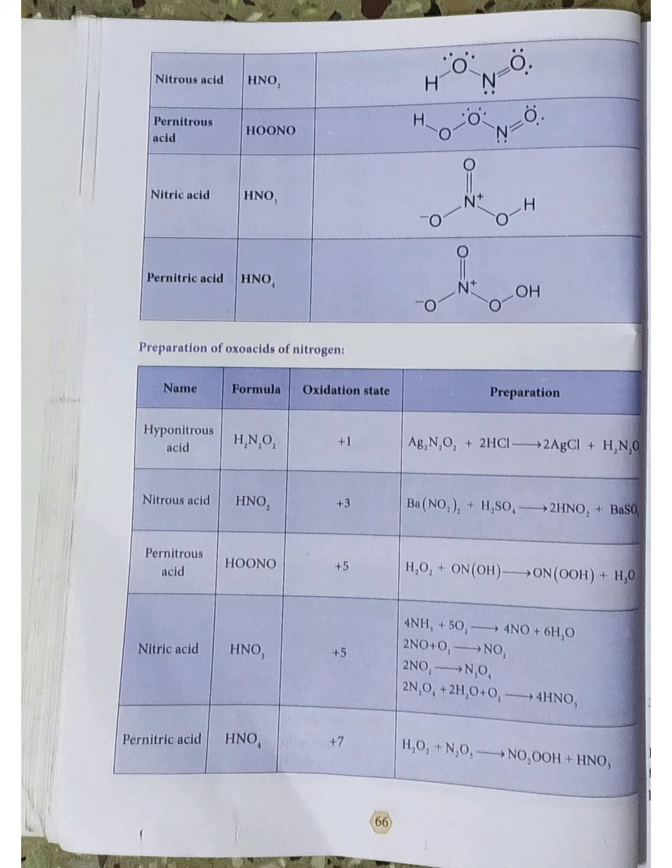Unlike white phosphorus, it is not poisonous and it does not show phosphorescence. It also does not ignite at low temperature. Red phosphorus can be converted back into white phosphorus by boiling it in an inert atmosphere and condensing the vapor under water.